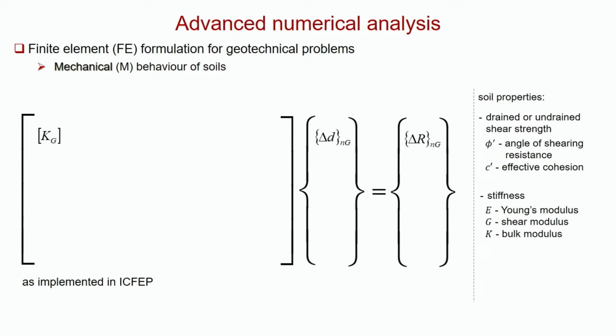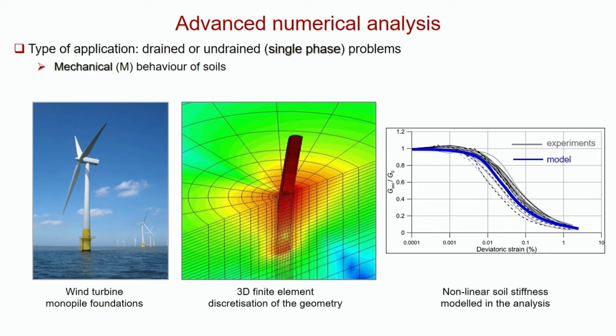And clearly we need to define the strength parameters of our soil and the stiffness of our soil. And this sort of analysis with just this part is the sort of thing we could use to analyse the short-term behaviour of a wind turbine foundation, and certainly we've used it to look at the monopiles foundation.